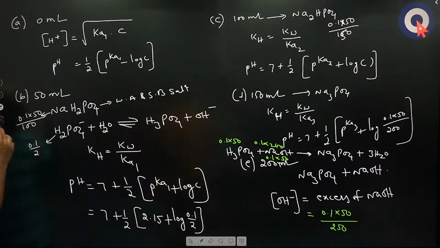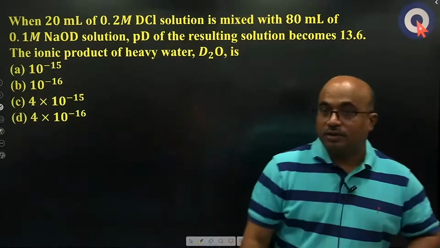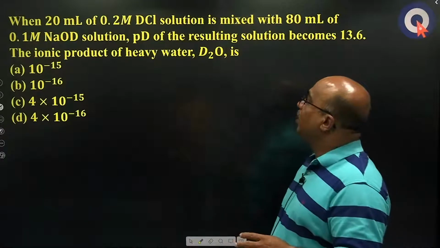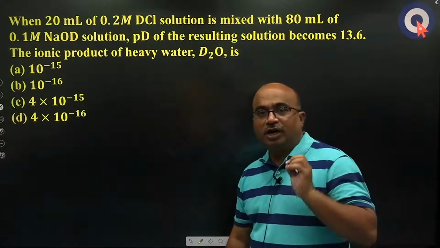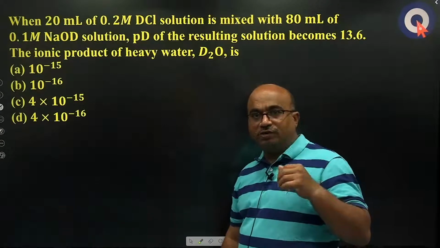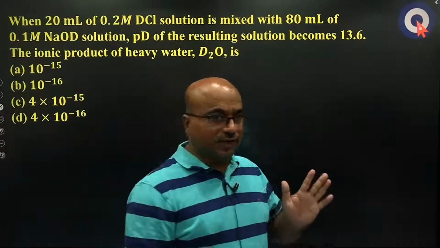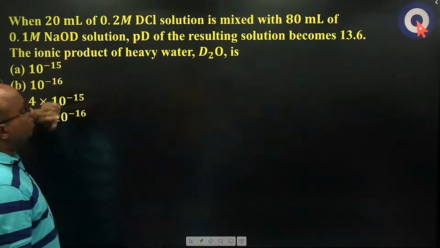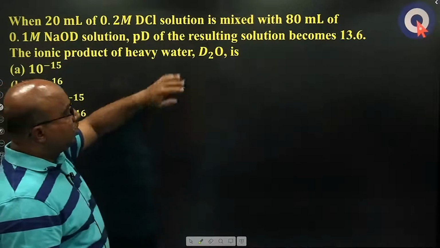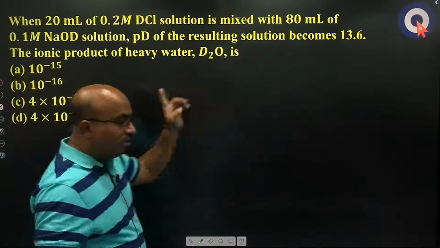So we can just do this calculation. Now when 20 ml of 0.2 M DCl, so we just changed the isotope of hydrogen as deuterium. So DCl means it's like HCl, mixed with 80 ml of NaOD, again pD we are using, but we need an ionic product of heavy water.